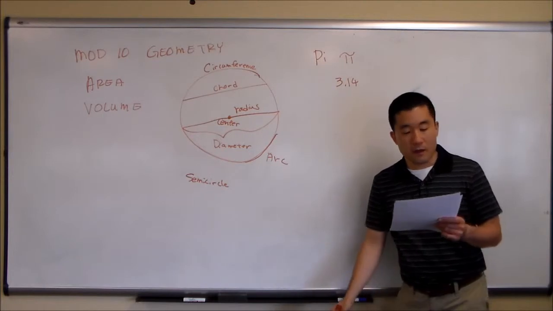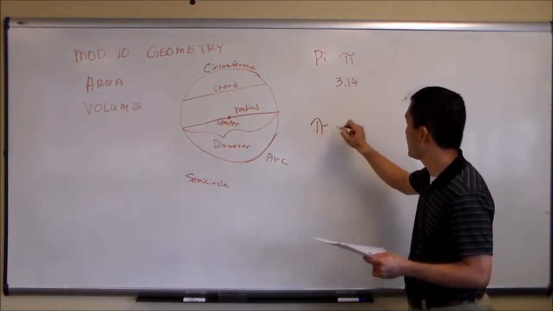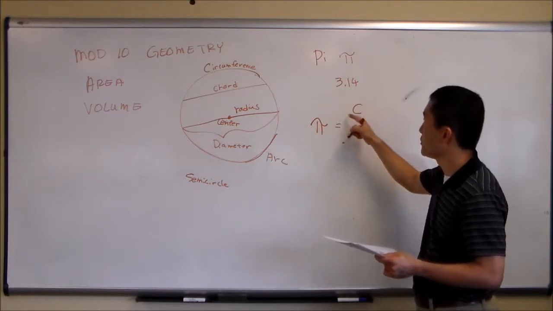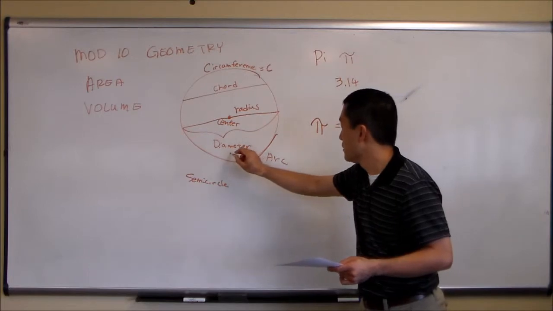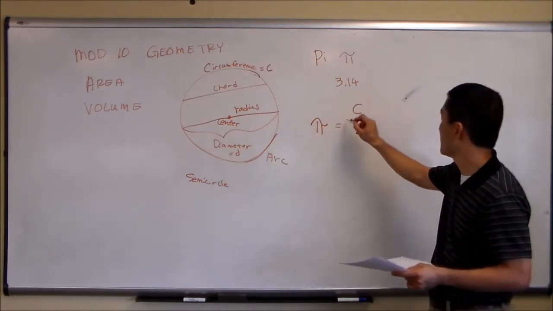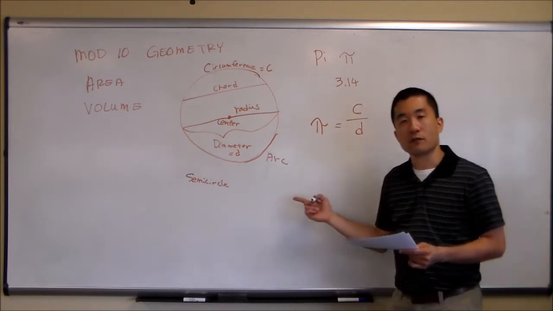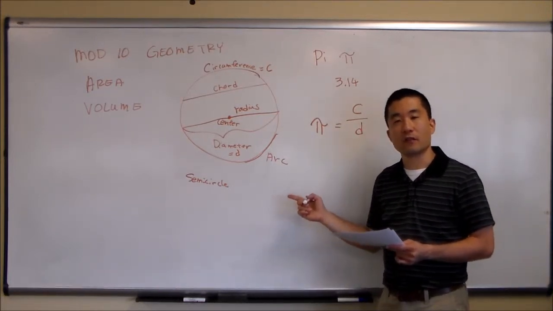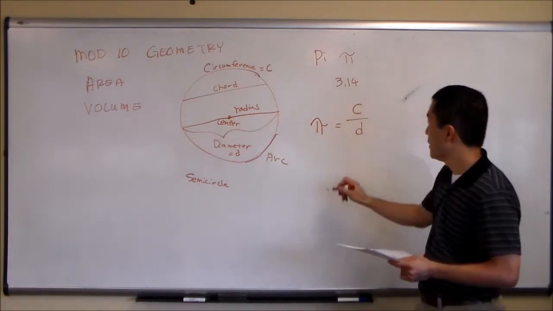So what is pi? Well, pi is defined to be c, which is the circumference, over diameter d. For the circle, my recommendation is you work everything in terms of the radius. So let's figure out the radius.